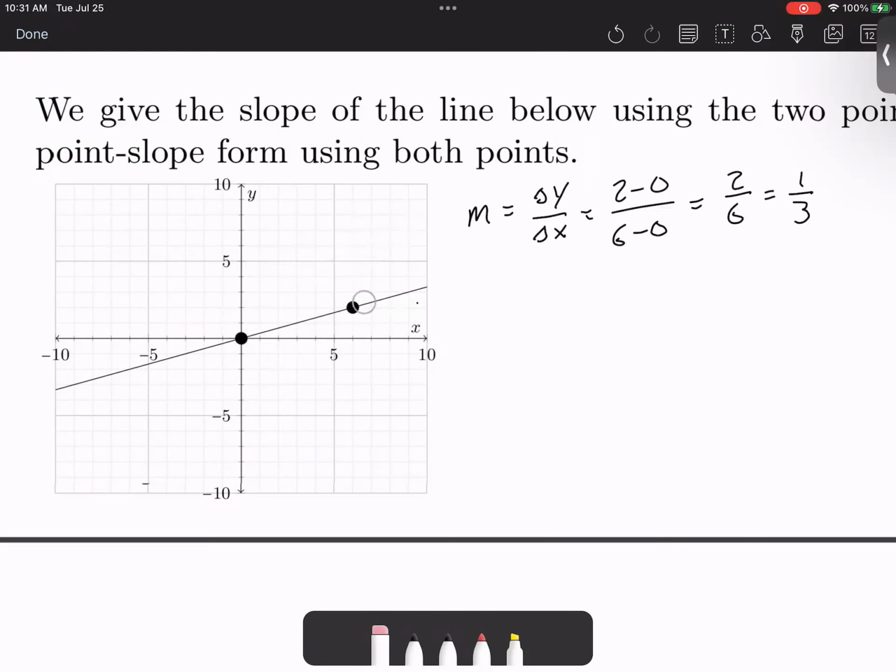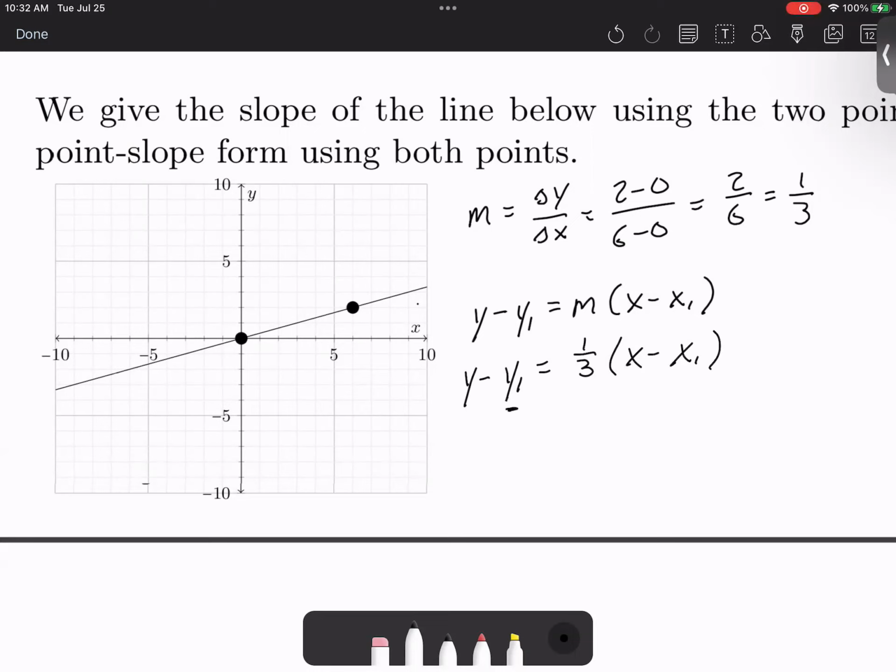Now let's write the equation of the line, and I'm going to choose what's known as point slope form, because there's the point, the x value and the y value, and there's the slope. So we already know the slope. The slope we found was 1/3.